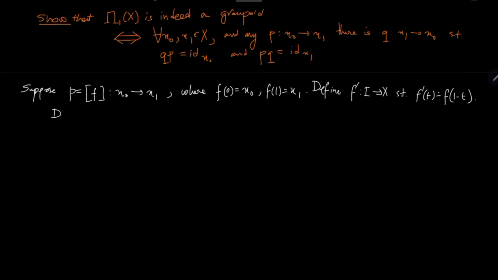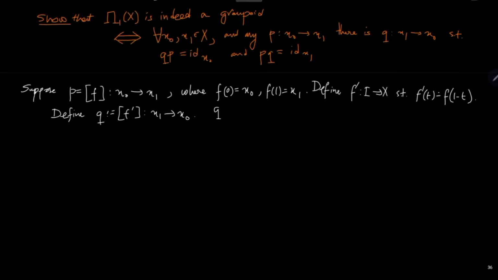And we also define q to be the morphism, q to be the class of f dash, which is a morphism from x1 to x0.